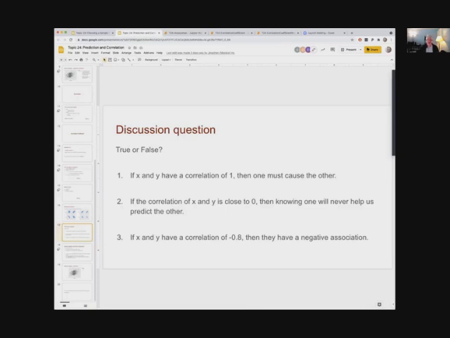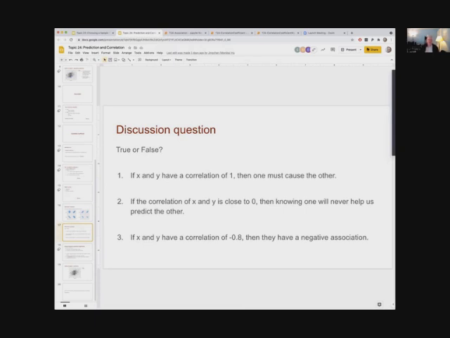Okay, if the correlation of X and Y is close to 0, then knowing one will never help us predict the other. True or false? Okay, I see some trues. I see some falses.